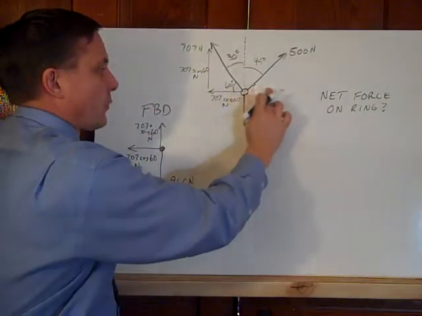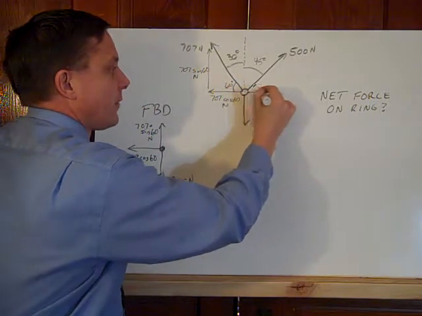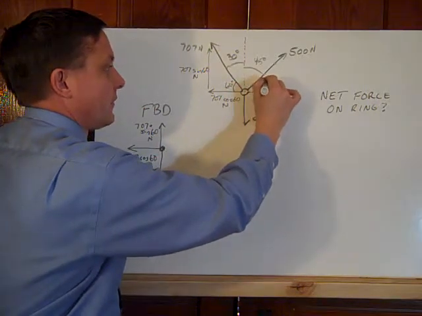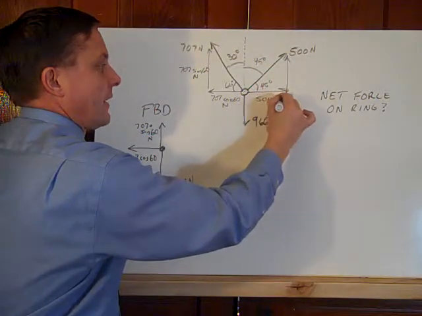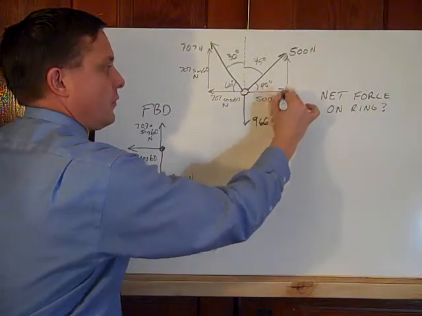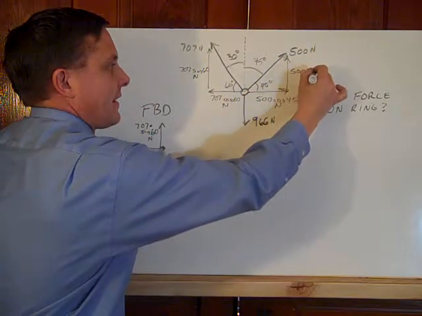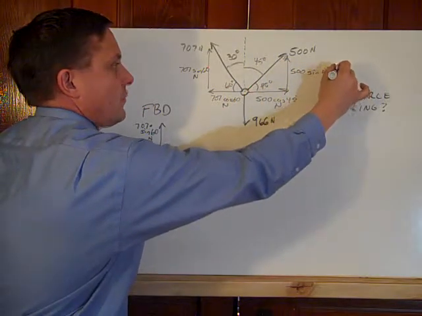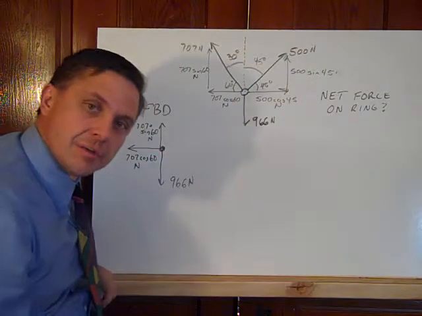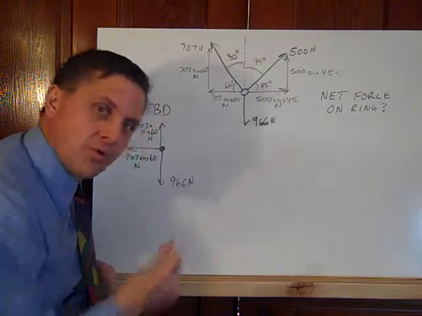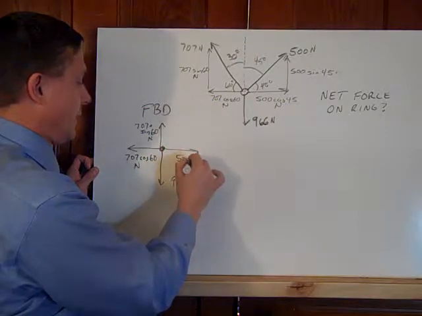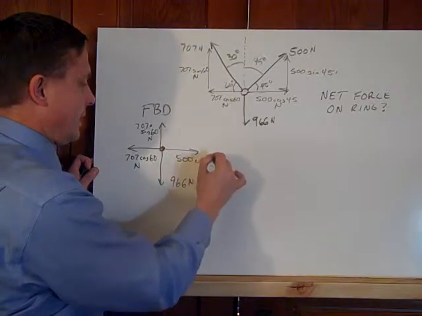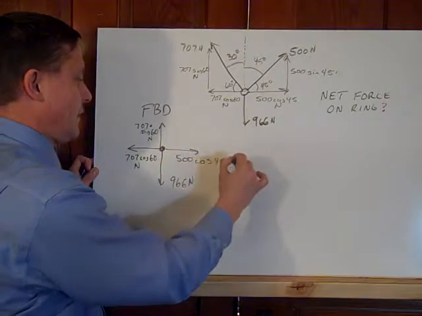And again, if I erase the word ring here, I break the 500 down, and this is 45 there, so it's 45 here. 500 cosine 45 newtons, and 500 sine 45 newtons. Just like separating velocity or acceleration into its components, we're doing the same with forces. So here I have 500 cosine 45 degrees newtons.